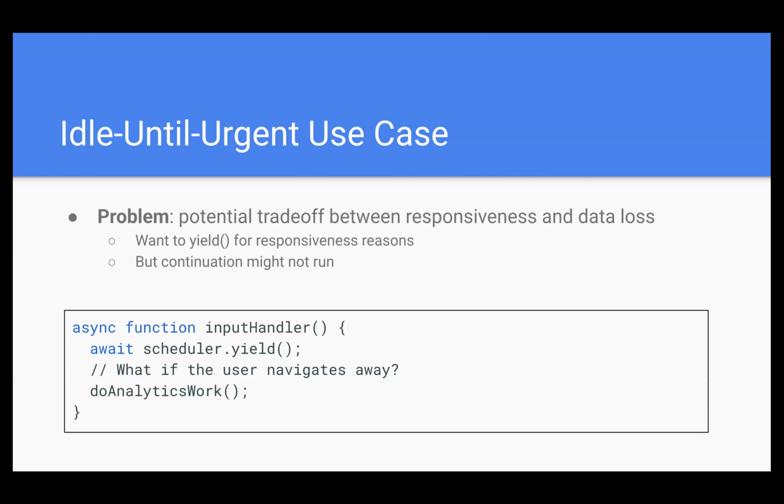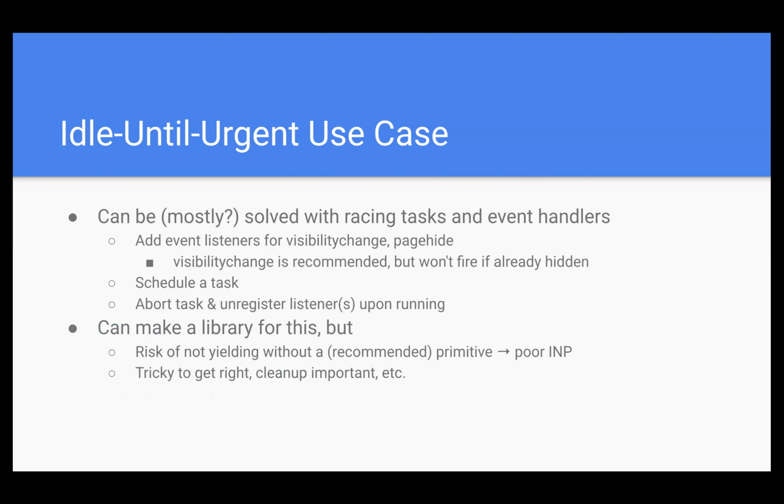So if the site's about to navigate, like you click on a link and you yield, and navigation happens, you might lose data if you yield. So that's the problem. We were talking internally about what the story for this is, and I think you can mostly just solve this with racing tasks and event handlers. Maybe not 100%, and I'd love to hear from the group about pain points around this.